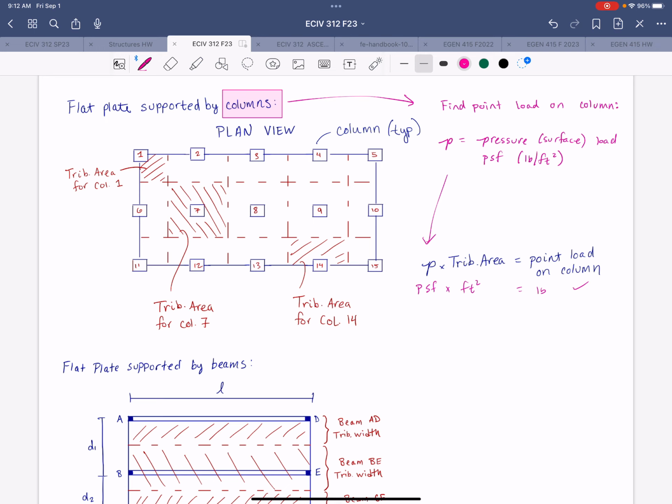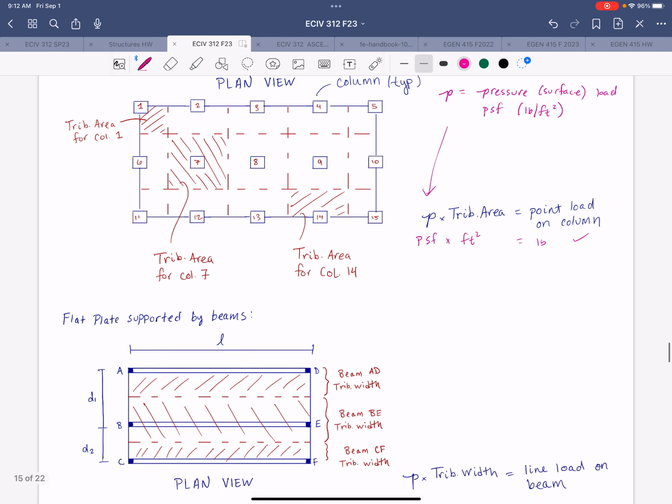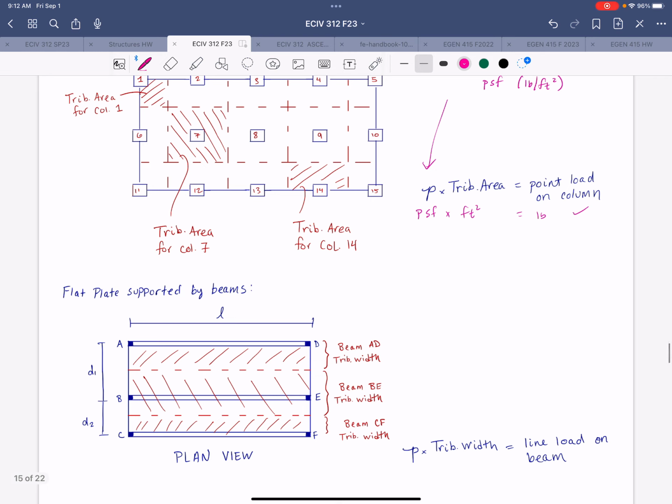And again, this is a regular layout floor plan, right? In this class, I'm not going to get too crazy with tributary areas for you guys, so just going to try and keep it simple. In practice, we would usually use AutoCAD or something to calculate tributary areas, especially if the floor layouts were irregular.